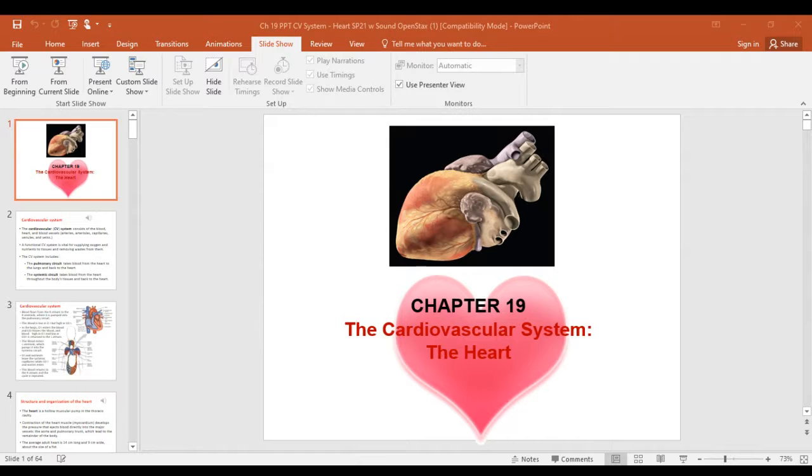The blood on its way to the lungs comes out here, and then it divides or branches into left and right pulmonary arteries, which go to the lungs. And here again, the left and right pulmonary veins take blood back from the lungs. That blood comes back into the left side, the left atrium. So this fills up with blood from the lungs. This blood is loaded with oxygen now. It just came from the lungs.